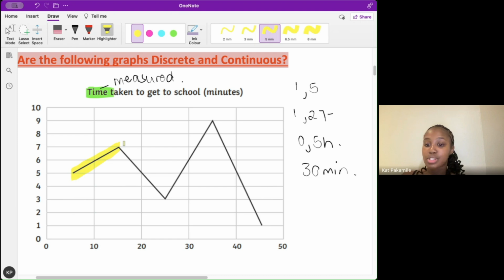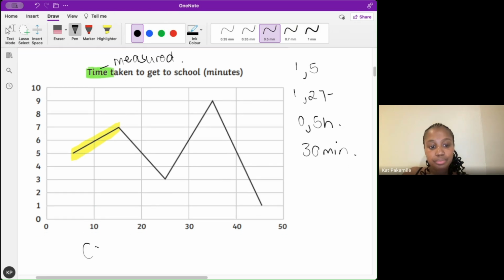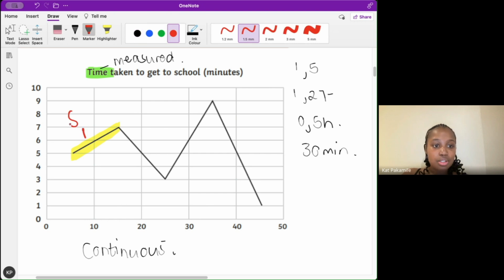Now that we have established that time is measured, is it discrete or would you say it's continuous? What do we say, guys? It is in fact continuous. So this is a continuous graph. Okay, so our first clue is that we have a solid graph, right?